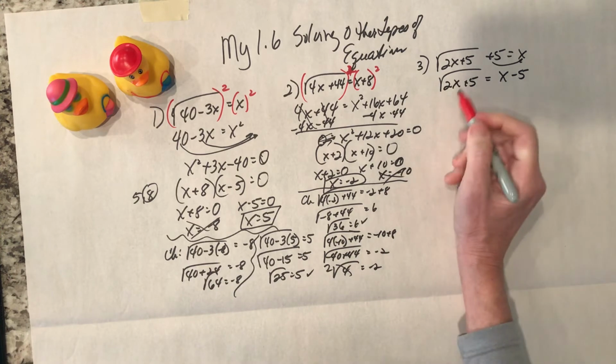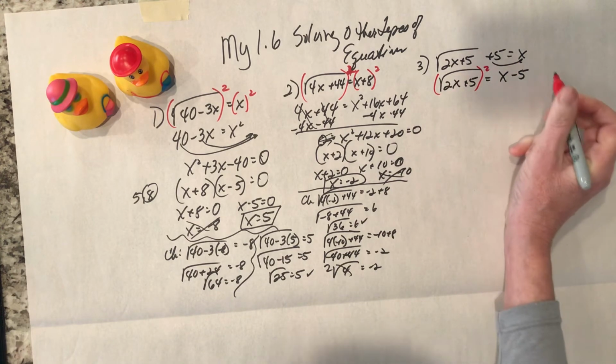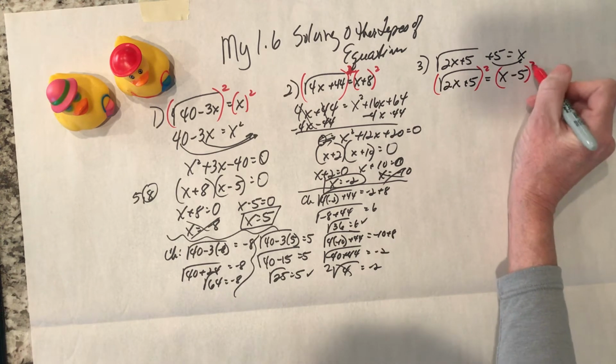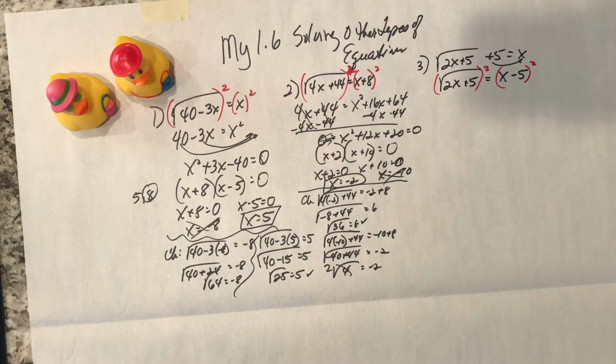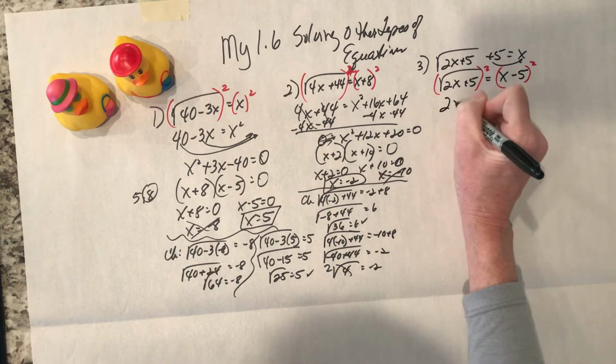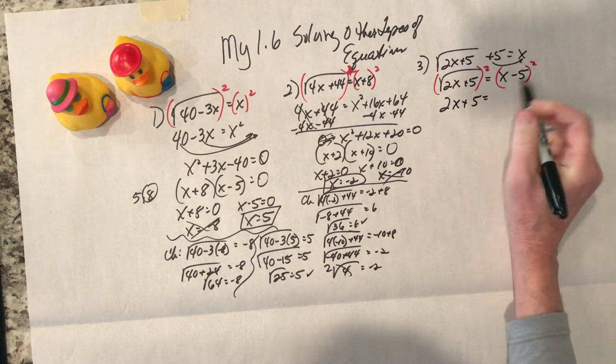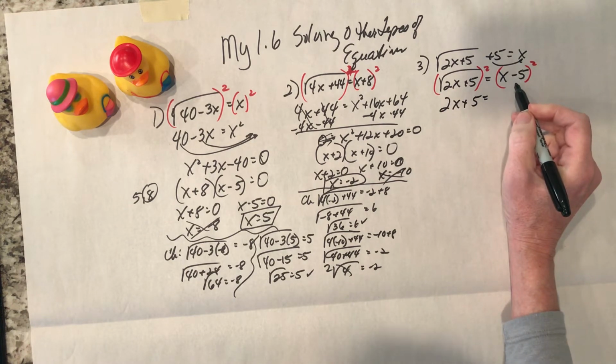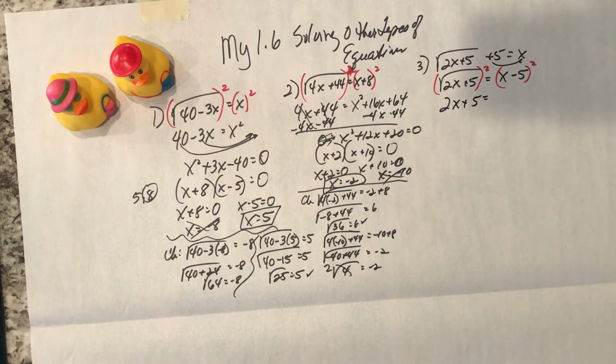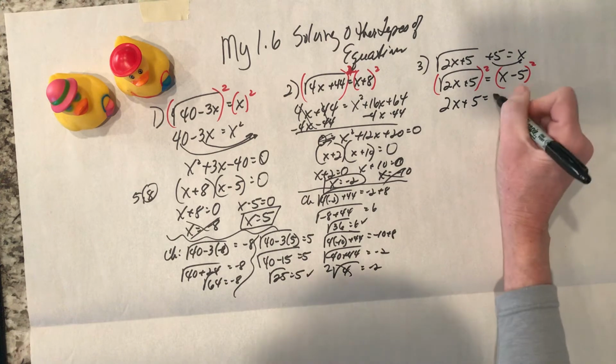You've got this radical isolated. Let's square it. If you square one side, you have to square both sides. Got to be fair. 2x plus 5 equals, FOIL this out, x minus 5 times x minus 5. Go first, outside, inside, last, and combine the outside and inside.